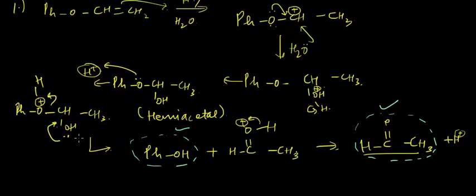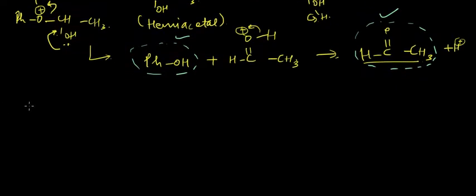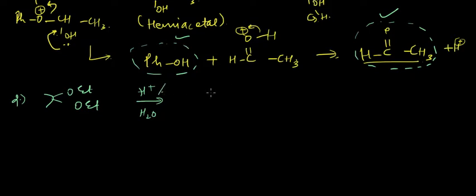Okay, so let us look into the second example. We have something like this. What will happen if we place this compound in an acidic medium? This oxygen atom will attack the H plus and will form something like this, with OEt and OEt.